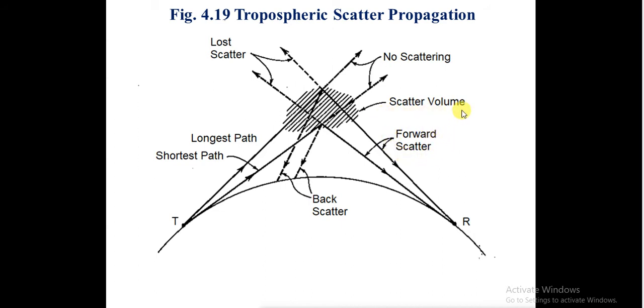Now what is this scatter volume? This scatter volume is nothing but some portion of an ionized layer above the surface of the earth. So why has this ionized particle scatter volume been formed, and that too in the form of clouds?